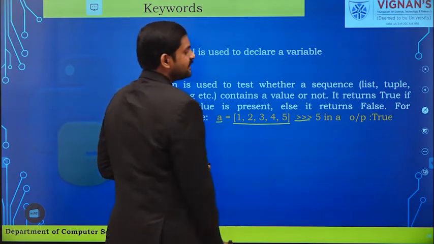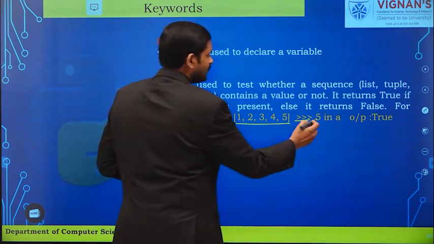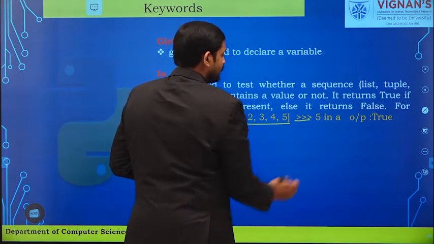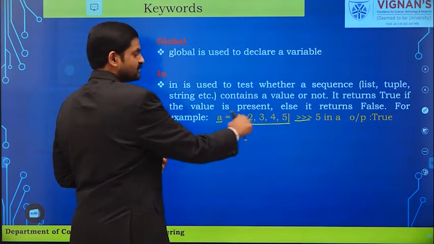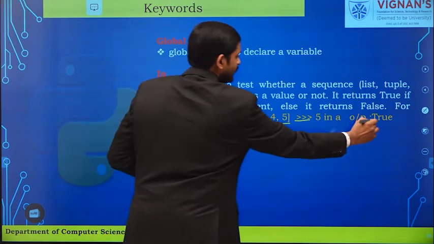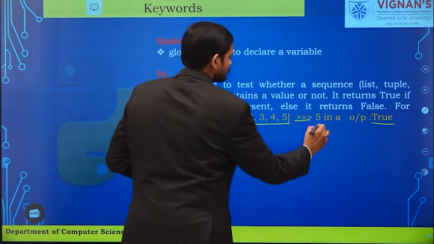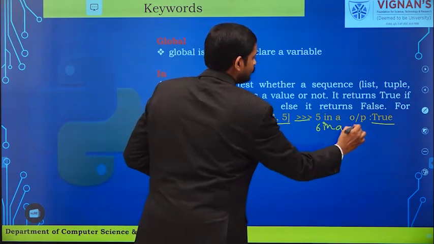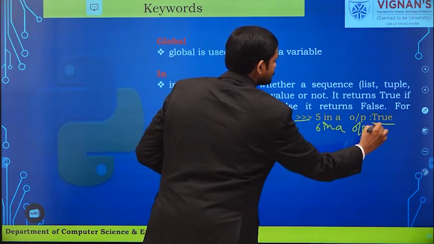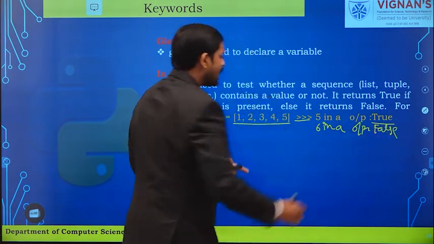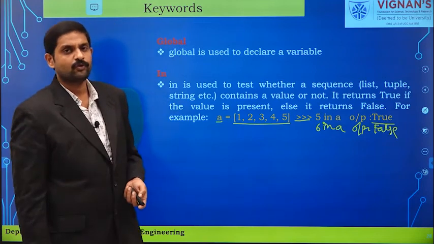From the command prompt itself, I would like to check 5 in A. Is it true or false? Yes, 5 is there in A, so it returns true. Suppose 6 in A, what might be the output? False, because 6 is not there in the set 1, 2, 3, 4, 5.